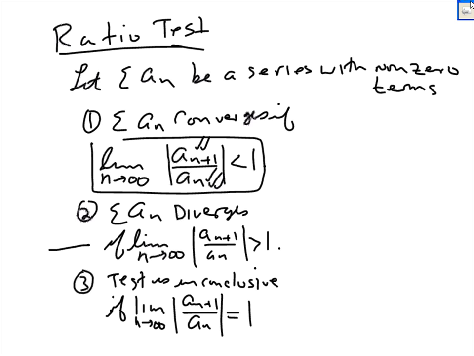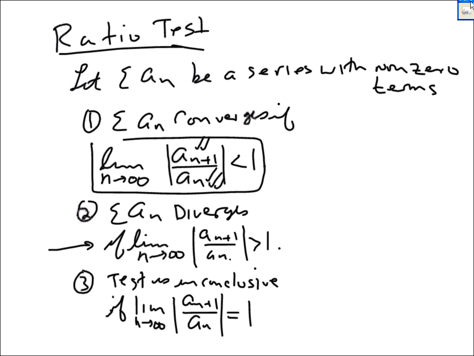In statement number 2, it's not so obvious that if it's bigger than 1, it's guaranteed to diverge. But since we know that if it's bigger than 1 or less than 1, it either converges or diverges, it's going to be one or the other.